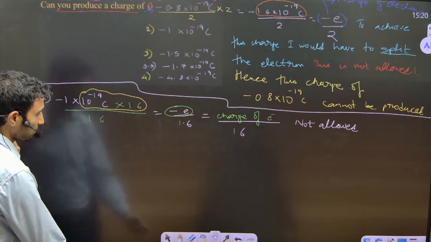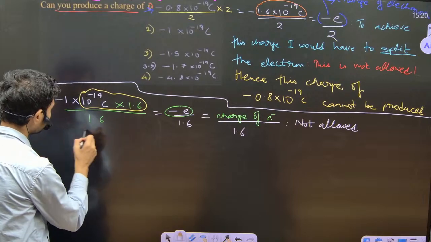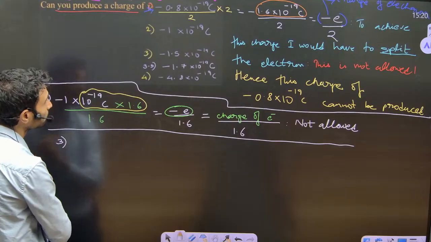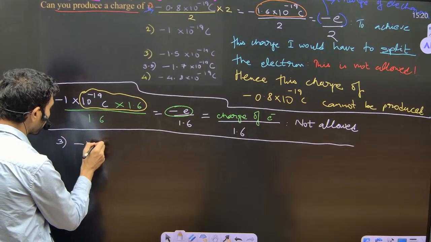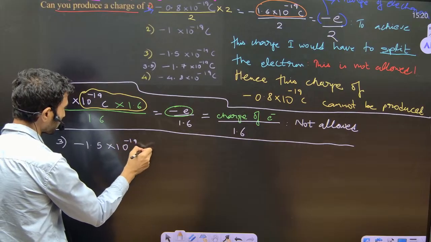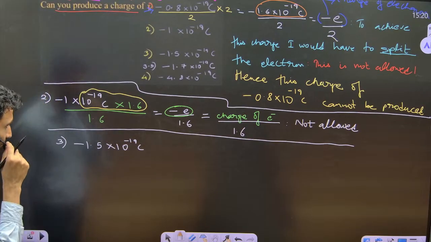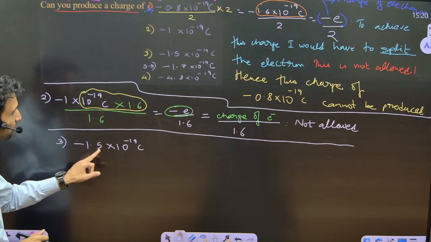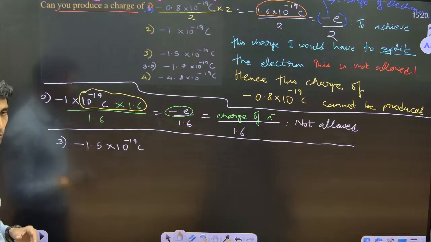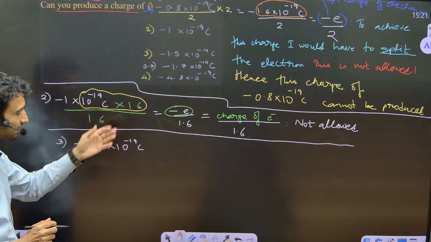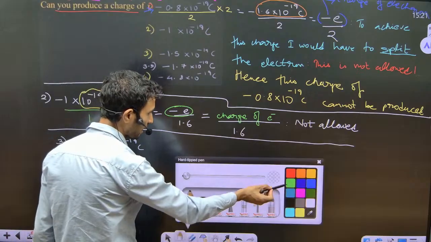Now let's go to the third part, which is minus 1.5 into 10 raised to the power minus 19 coulomb. So what do you think about this? Is this allowed? Again, you see it is short of 1.6. It's not 1.6, it's 1.5, right? So this also is not allowed, because again you can multiply with 1.6 like I did in the last problem.